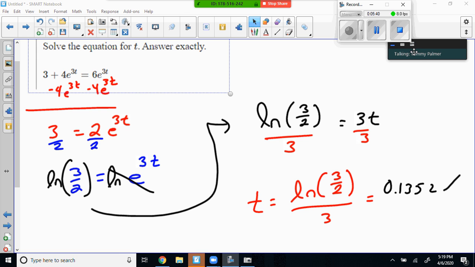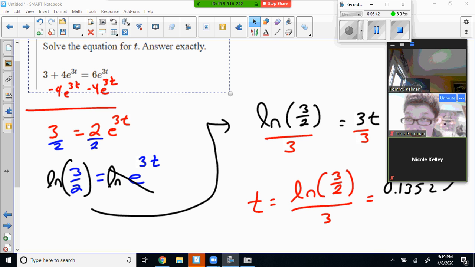Now, any questions off of that? The biggest thing you got to make sure you understand is when you're working with an e, in order to get rid of it, you have to take the natural log of it. So I got it isolated by itself, right? It canceled.